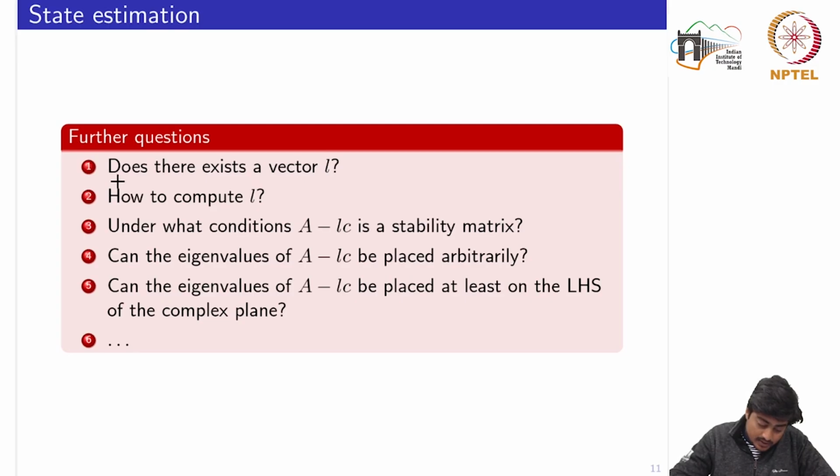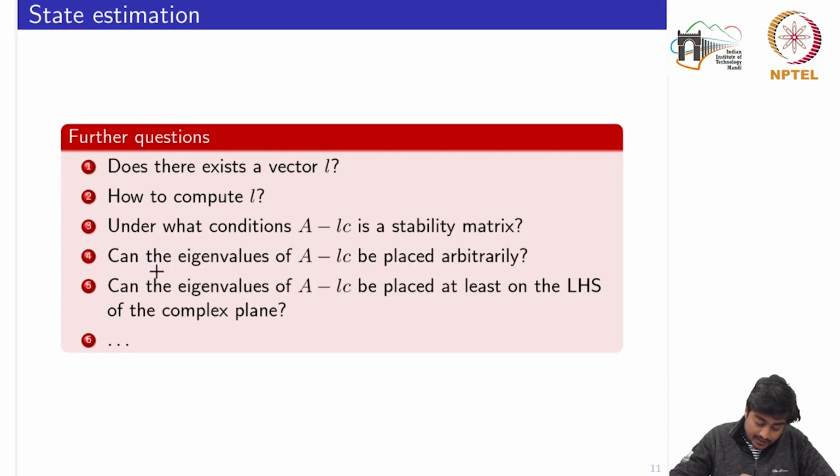First of all, we need to answer, does there exist a vector L? Because if there does not exist a vector L, you cannot introduce that term, and if you cannot introduce that term, your observer would still be an open loop observer. Second, if we have ensured the existence of L, we need to compute L. The third point, under what conditions can we say that A minus LC is a stability matrix.